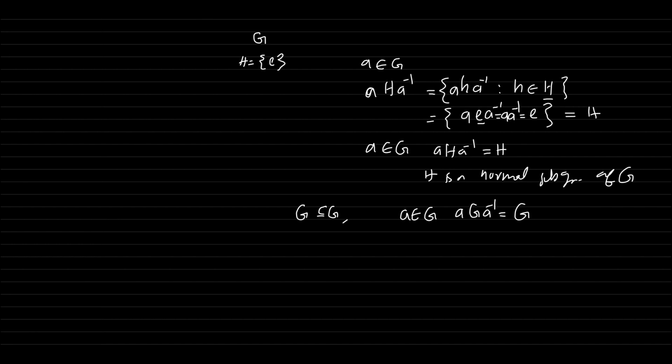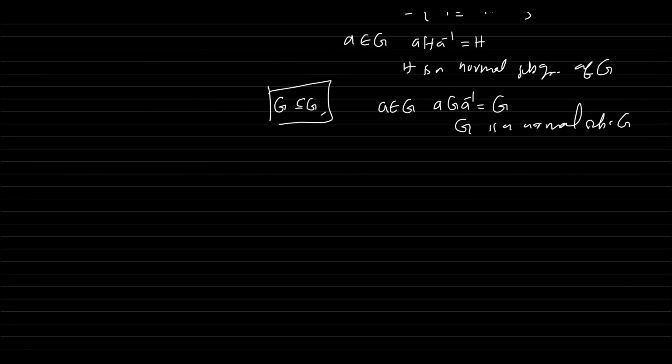So we can say that G is a normal subgroup of G. So for any group G, its trivial subgroup and improper subgroup are normal subgroups.